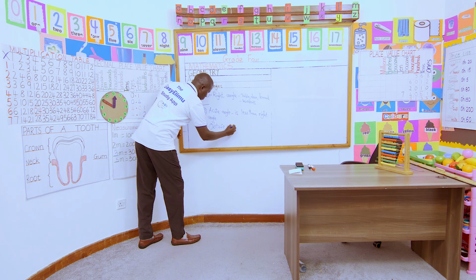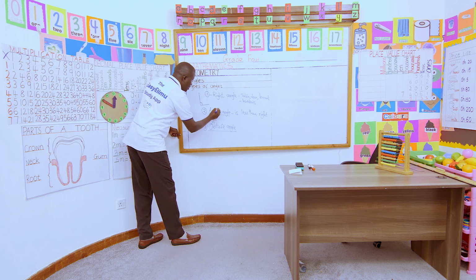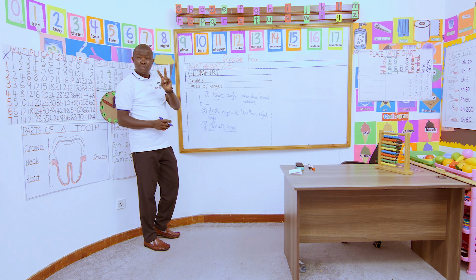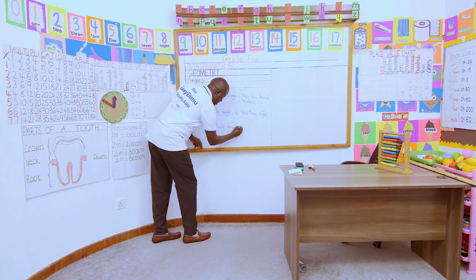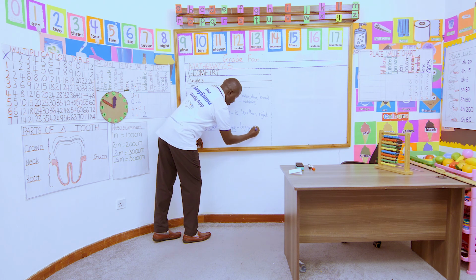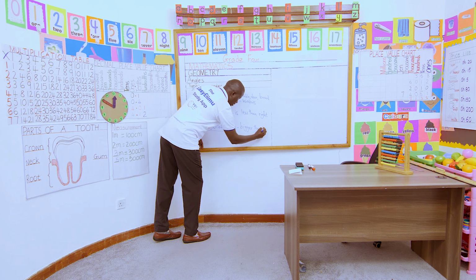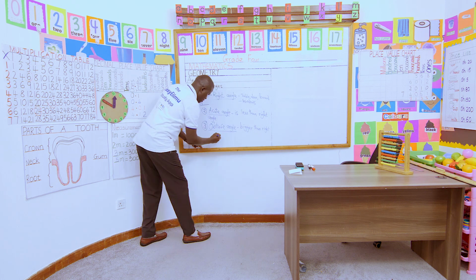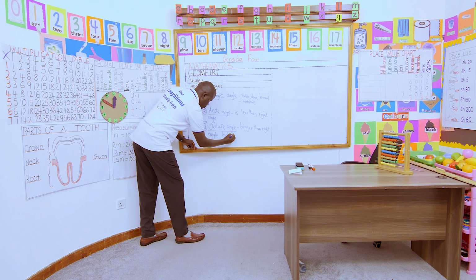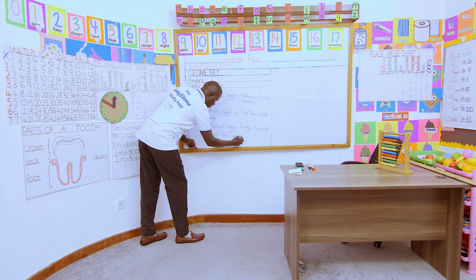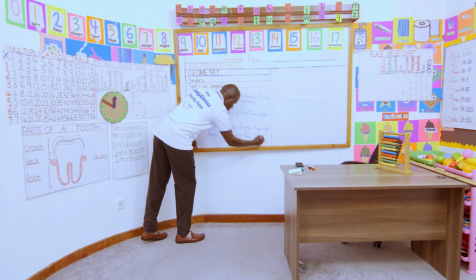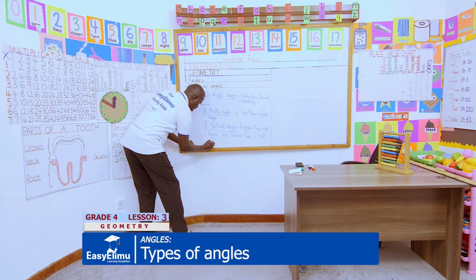Obtuse angle. This is an angle that is bigger than a right angle but smaller than two right angles.